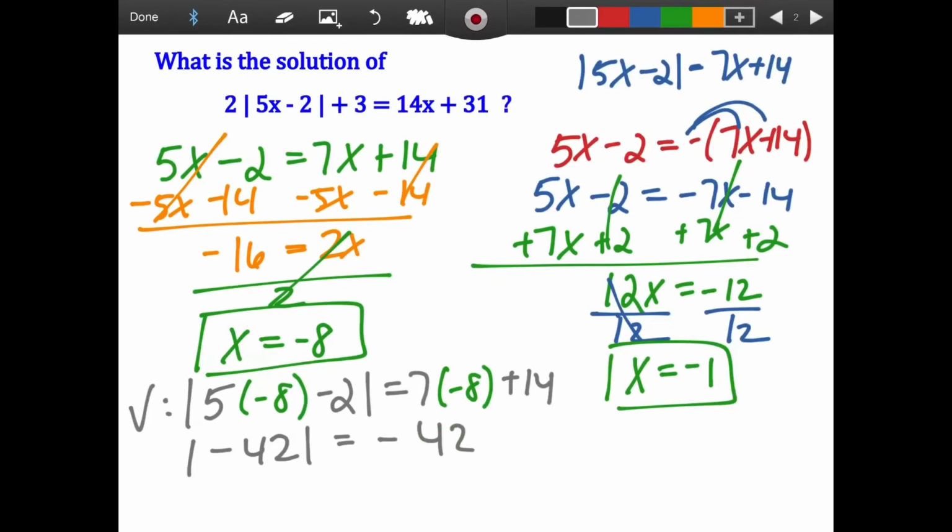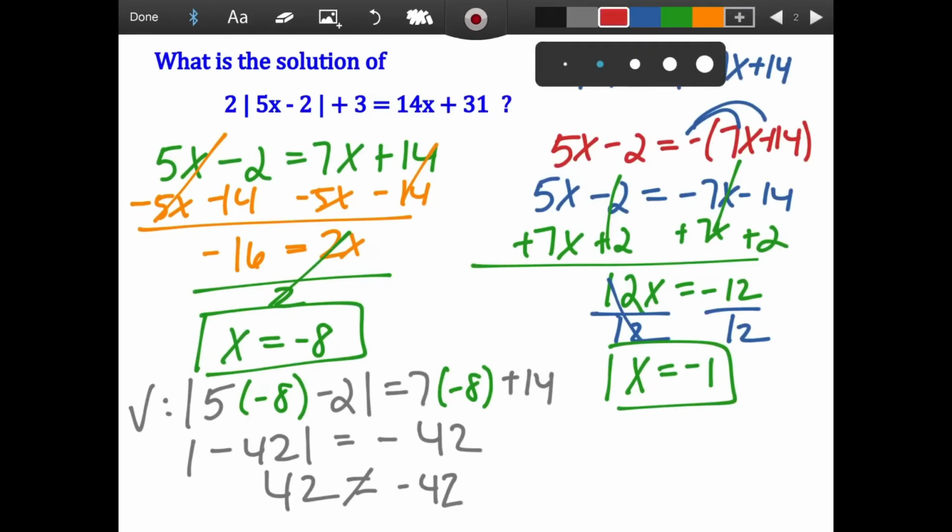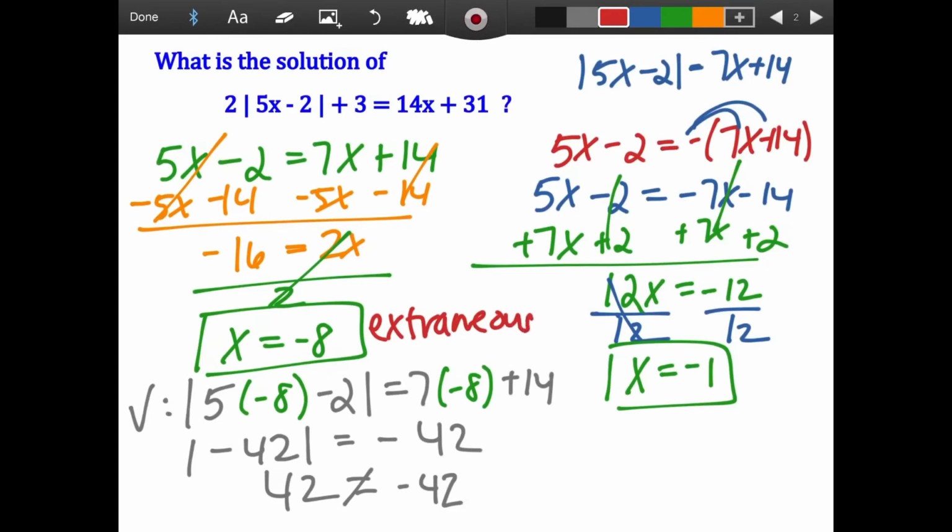Absolute value of -42 is +42, which is not equal to -42, which means that -8 is an extraneous solution. It does not work when we plug it back in.